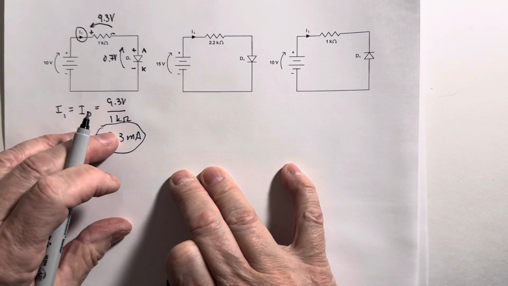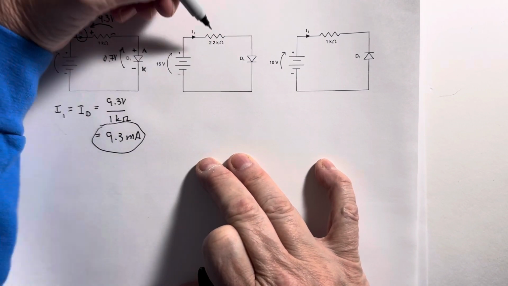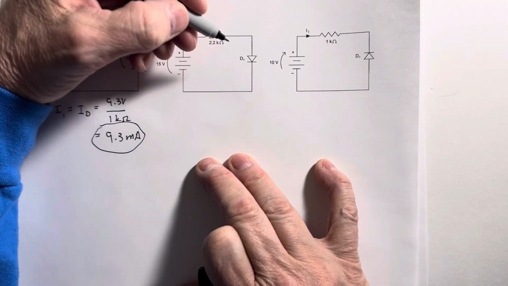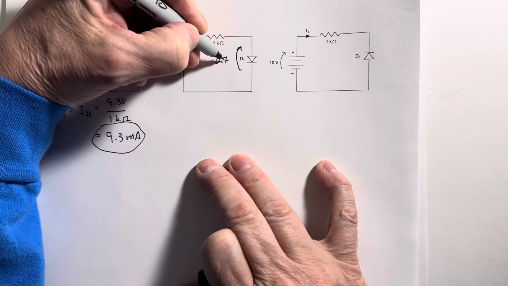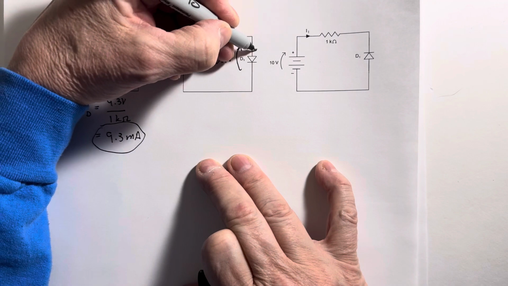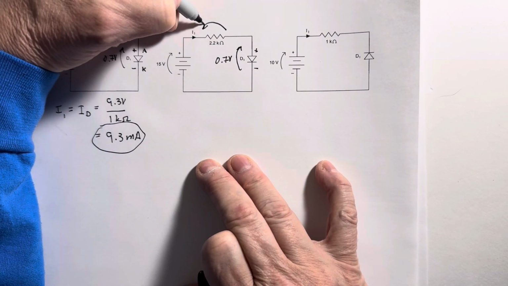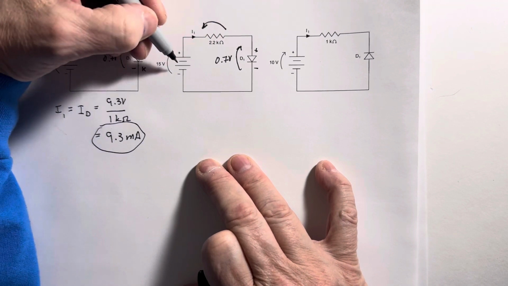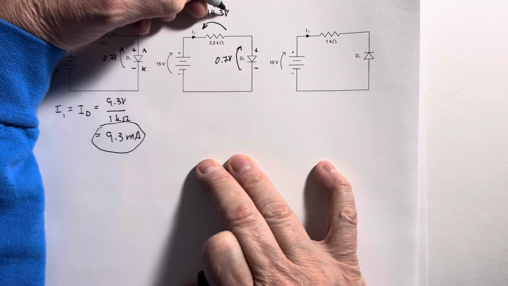Okay, circuit number 2. We've got 15 volts applied to, again, a series resistor with a forward bias diode. We know the diode will drop about 0.7 volts from anode to cathode, leaving the remainder of the applied voltage to be dropped across the resistor. So 15 minus 0.7 is 14.3 volts.